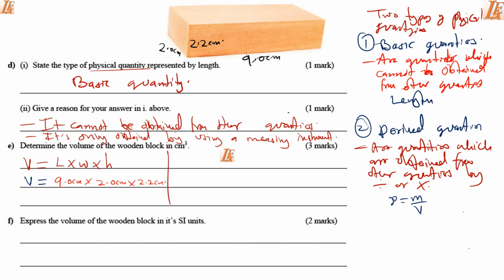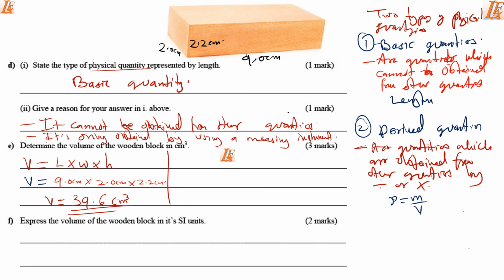Therefore, our volume is equal to 9 times 2 times 2.2. We are going to obtain 39.6 cubic centimeter. So that is our volume.